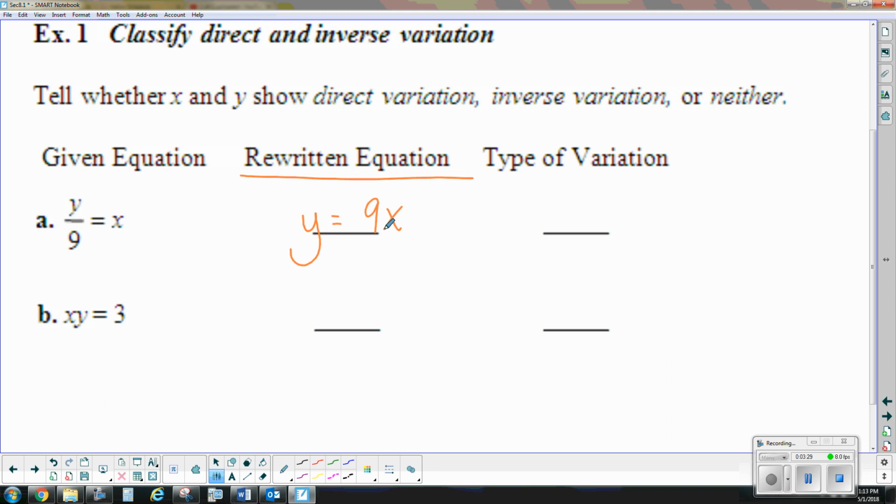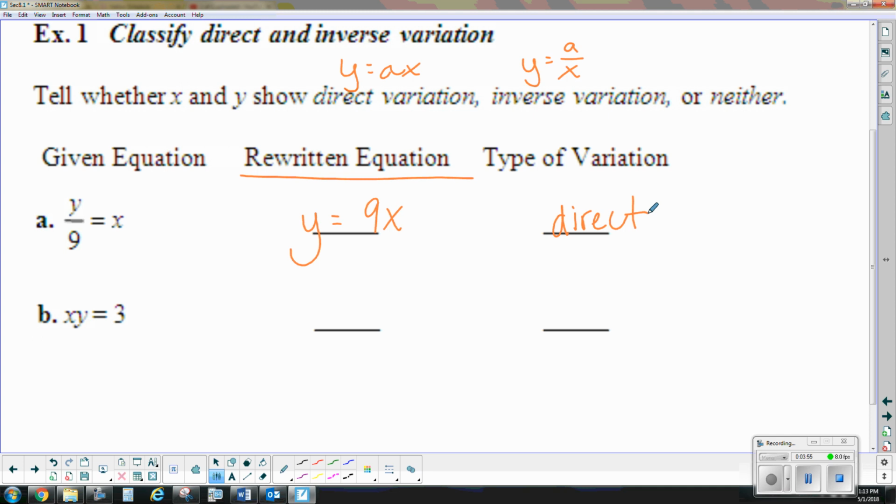Well, direct variation is y equals ax. Inverse variation is y equals a divided by x. And neither is you're doing some other operation. You're not dividing by x, you're not multiplying by x, maybe you're adding or subtracting or something else. So in this first example, this is an example of direct variation.